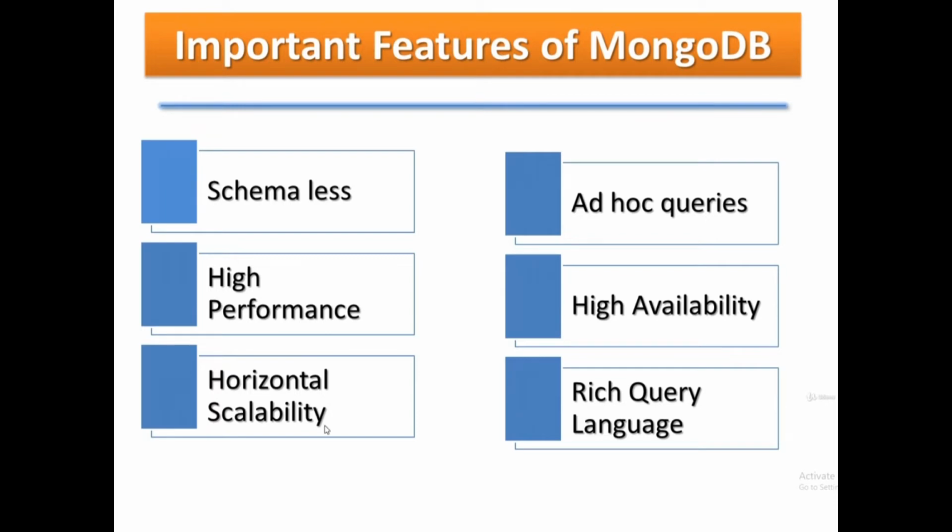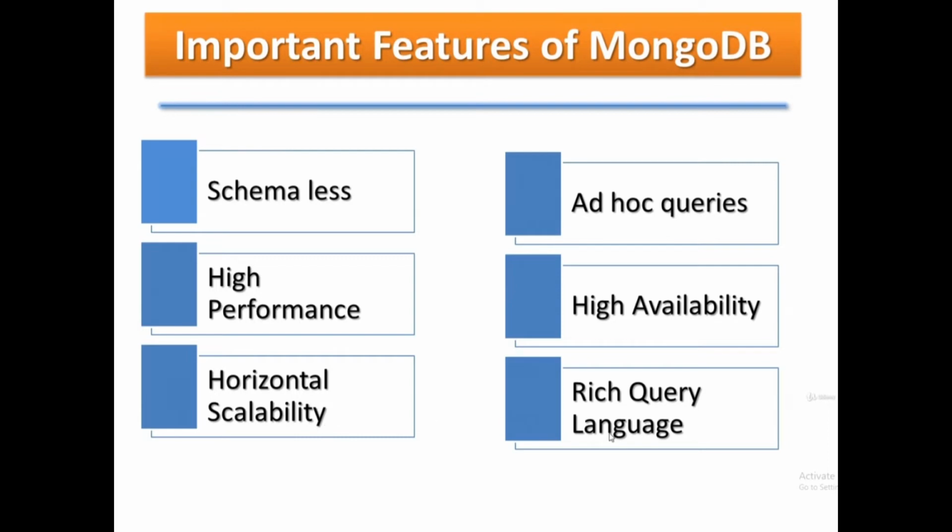The next promising feature of MongoDB is horizontal scalability. MongoDB provides horizontal scalability, and it is possible through sharding. Sharding distributes the data across a cluster of machines. Sharding is partitioning of data and placing it on multiple machines. While partitioning data, the order of data is preserved.